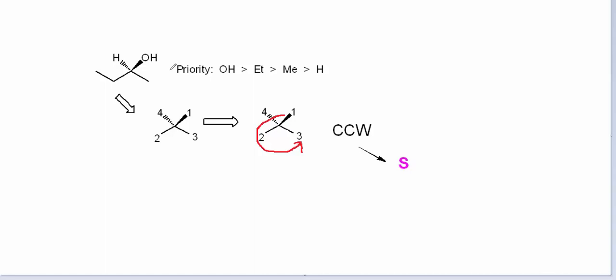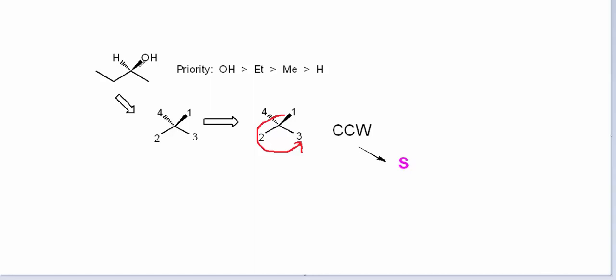Note that the way the structure is drawn, the lowest priority group or atom is hydrogen, and it's shown with a dash bond, and that's convenient.